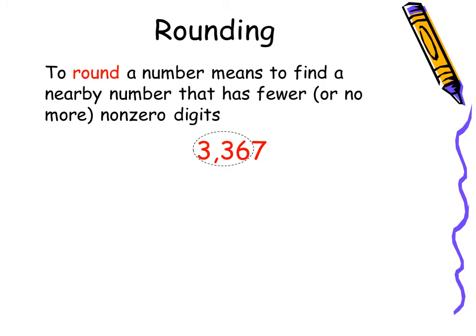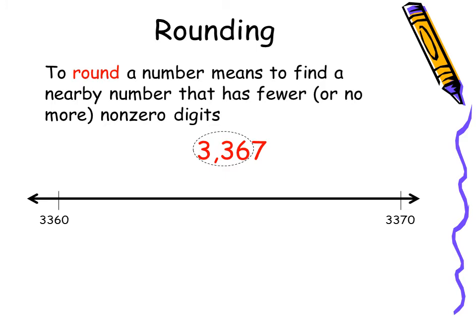So that means that the number would be between 3,360 and 3,370. Notice with 3,360 and 3,370, each numeral has 3 non-zero digits. These tick marks are made up by tens, so the smaller tick marks between those two numbers will be made up of ones.